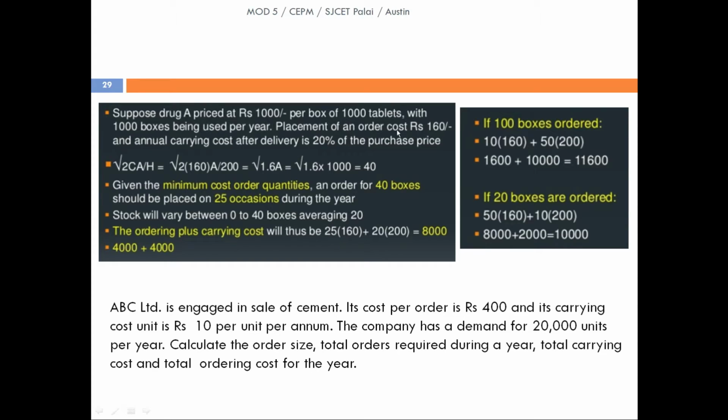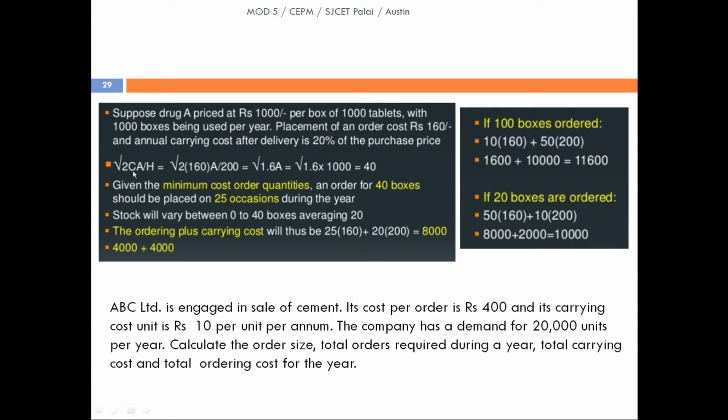From this it is understood that the annual demand for the drug A is 1000, and the ordering cost for this drug A is 160 per order, and annual carrying cost after delivery is 20% of the purchase price. The purchase price is 1000 rupees. Therefore, when carrying cost is 20% of the purchase price, it means it is 200 rupees, which is the carrying cost.